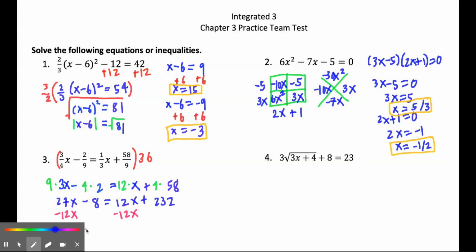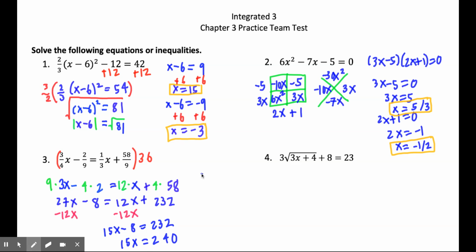And then you get 15x minus 8 equals 232. And then you add 8 and you get 15x equals 240. And then divide both sides by 15 and you'll get x is equal to 16. 15 times 16 is 240.